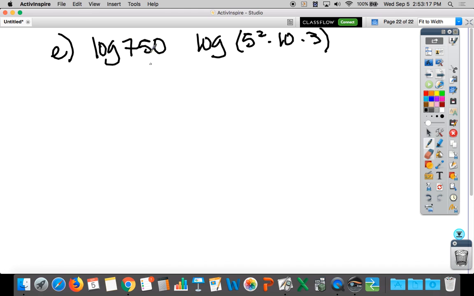I see that 75 is some multiple of 25. I know I can get a multiple of 25, 5 squared. So you can do 5 squared, which is 25, times 30. There's your 750. Actually, I saw it as 25 times 3, which is 75 times 10, which is my 750. That's the way I saw it. But to each his own as far as that goes. We still came up with the same answer. So we got 2 logs of 5.